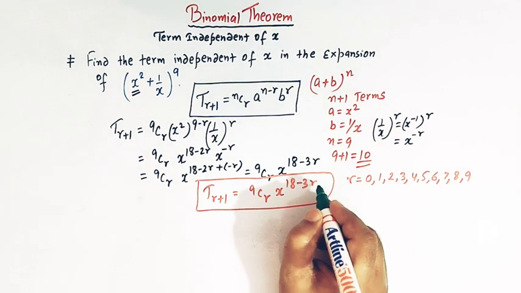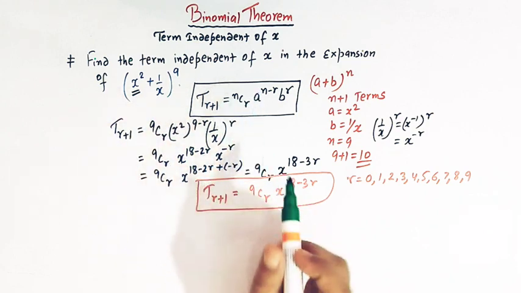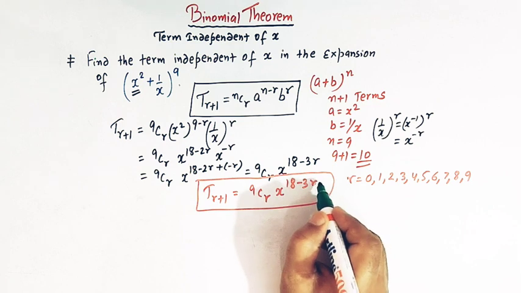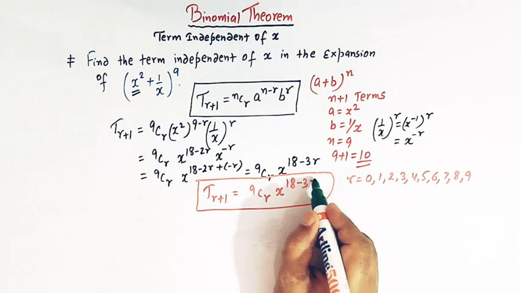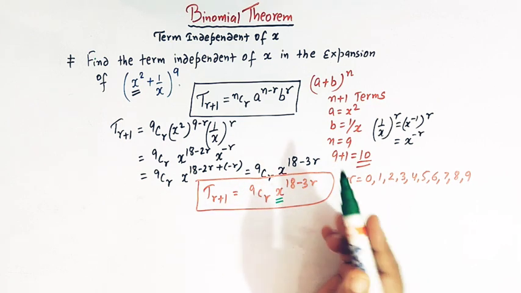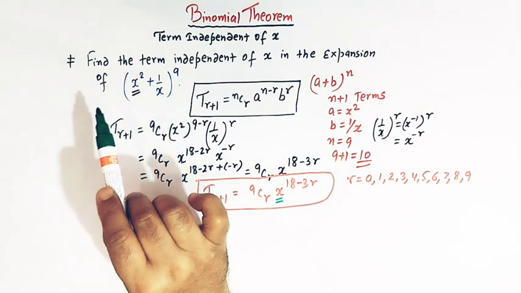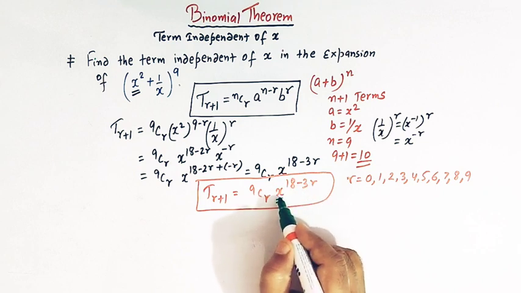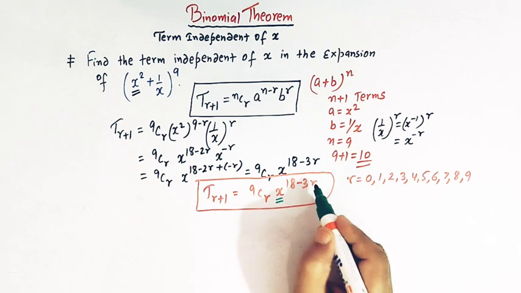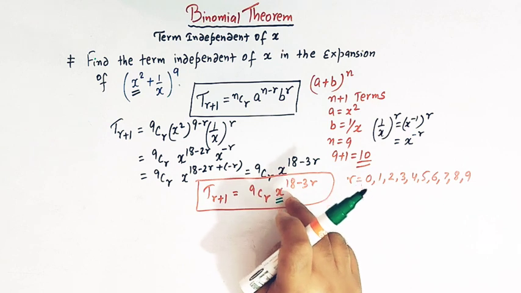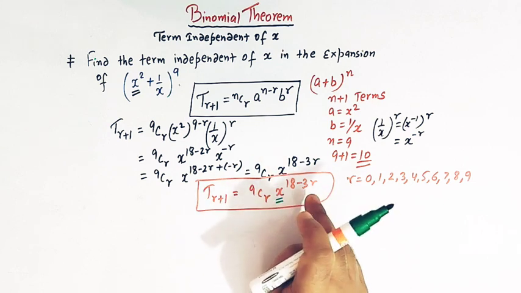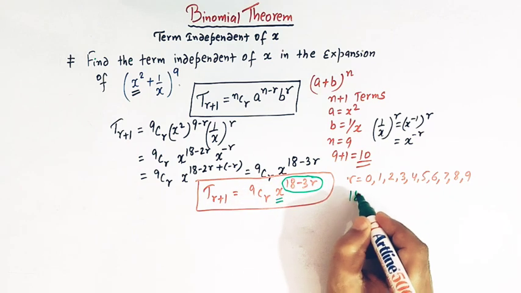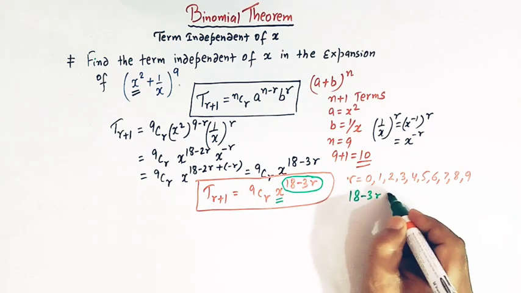To get the term independent of x, we must have the term which is free from x. So for getting a term which is independent of x, this exponent, 18 − 3r, must be equal to 0.